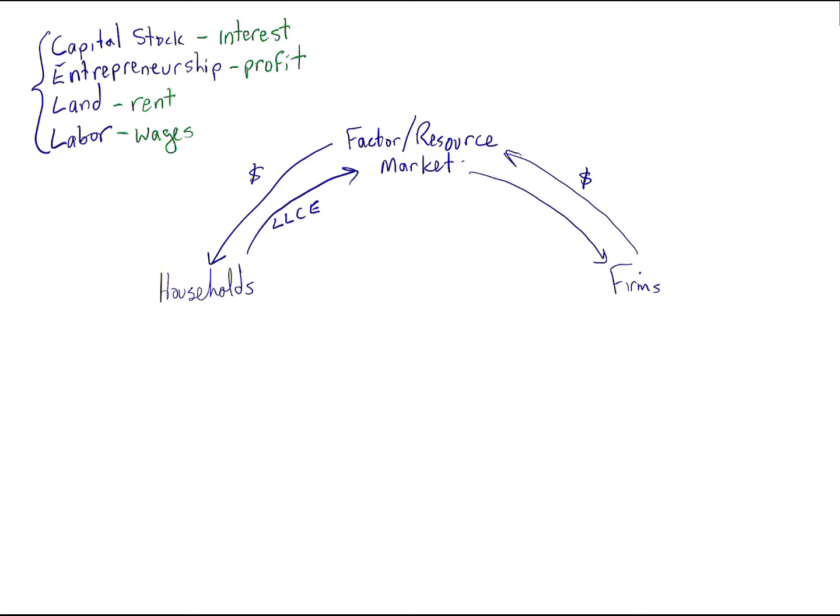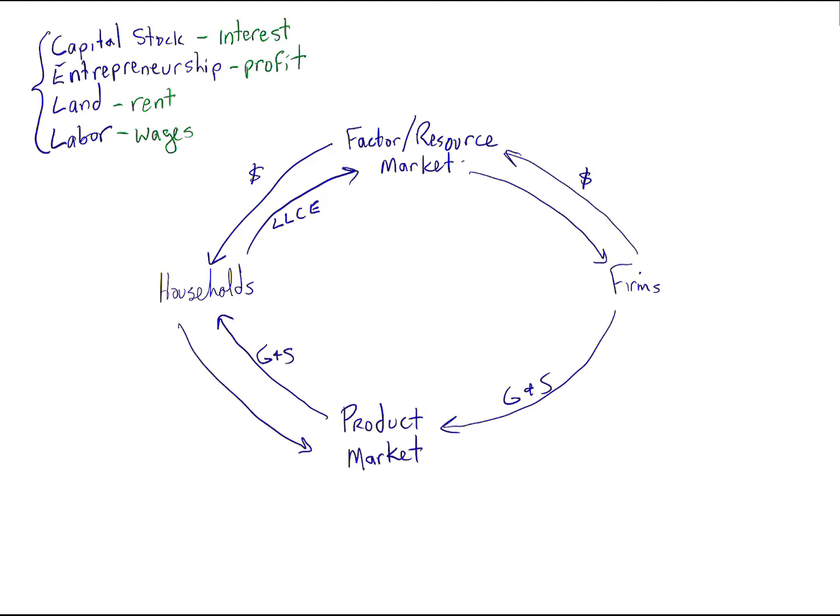On the other side, there's another market, and it's called the product market. And this is the market that most of us are familiar with. It's where we go to buy the things that we use day to day in our households. So firms are going to supply the goods and services that eventually find their way into our homes, and households are going to pay for that once again with money.